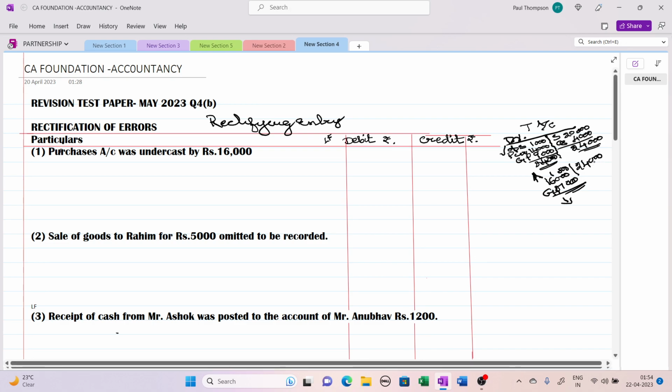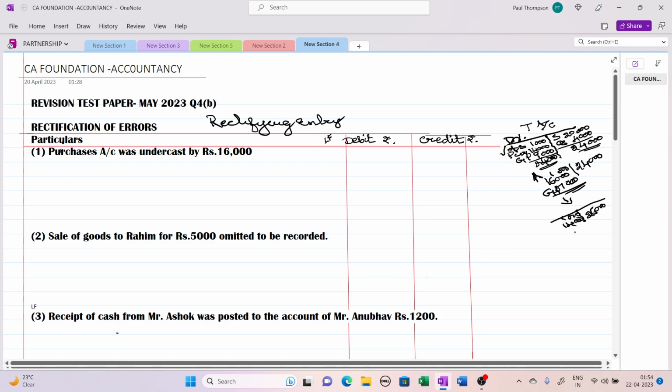But if I increase the credit side, what will happen? Suppose I take the sales and closing stock total as 26,000. Here it remains as 14,000 purchases and opening stock 1,000.